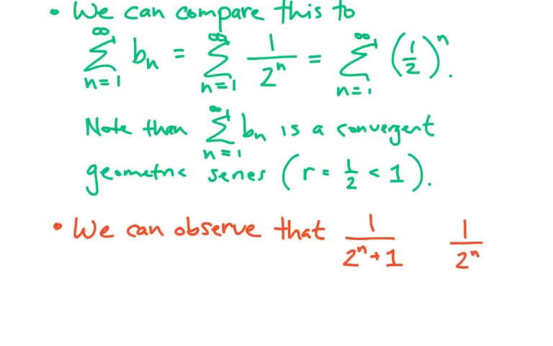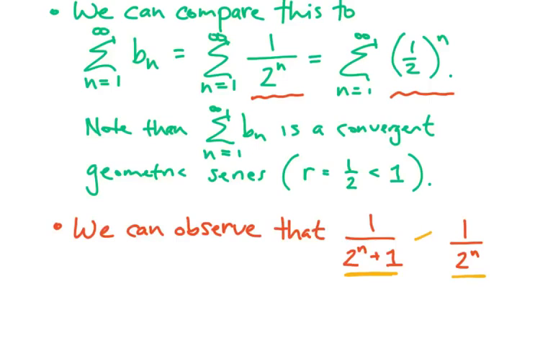And you might be saying, well, we said 1 over 2 to the n is the same as the quantity 1/2 to the n, which is fully true. But I want to be writing b sub n in such a way that I definitely feel convinced about the comparison of size here. So let's see what you guys think. If this piece here has a plus 1 in the denominator, and that's the only difference between these two terms, adding 1 in the denominator makes for a bigger denominator, which actually makes for a smaller overall fraction.